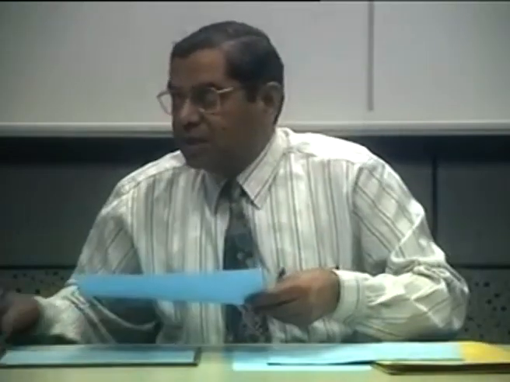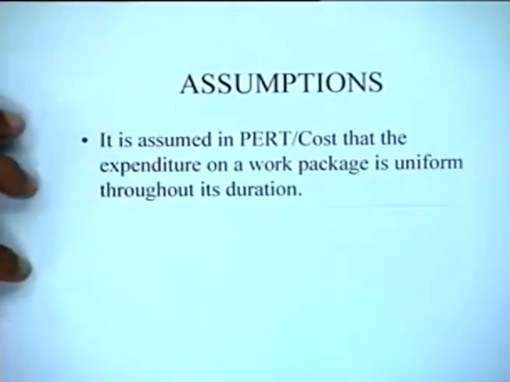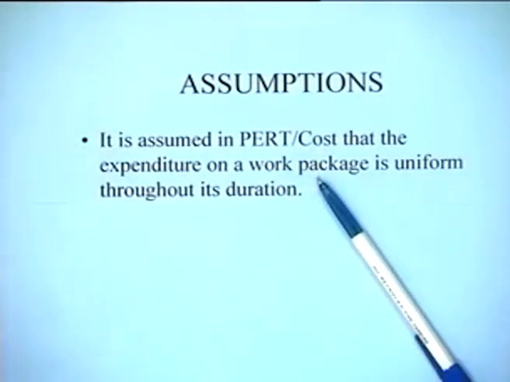Let us now look at some of the assumptions in PERT cost. Well, the assumptions are, this seems to be a very limiting assumption. What it says is that it is assumed in PERT cost that the expenditure on a work package is uniform throughout its duration, which means a work package might have a duration, typically 3 months, 2 months, 6 months, as the case may be.